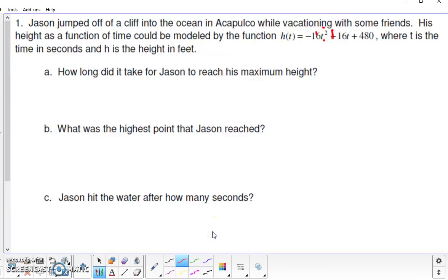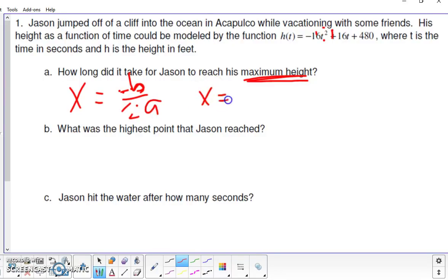So starting with question A, how long did it take Jason to reach his maximum height? That keyword there, maximum height, let us know we should be talking about the axis of symmetry using the formula x equals negative b divided by 2a.